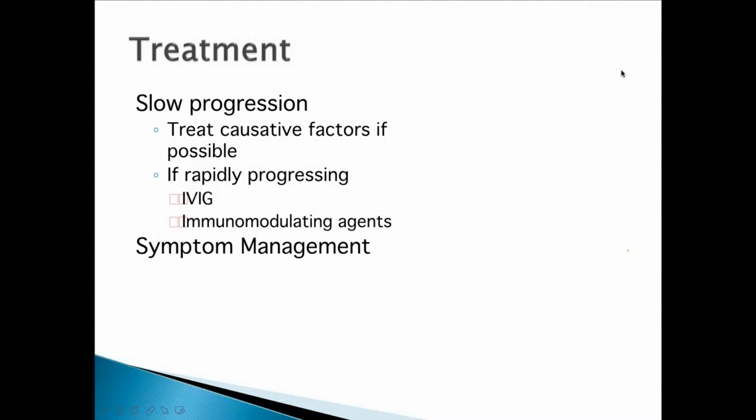So you need to act, and in that case, what is IVIG? Full form of IVIG? Question box. What is the full form of IVIG? Yeah, intravenous immunoglobulin. So what is the cost of IVIG?